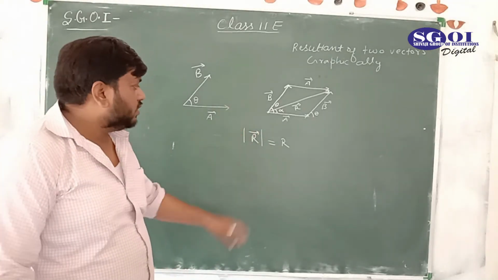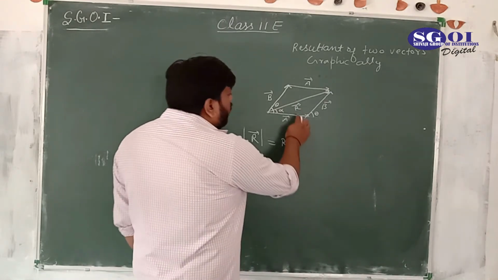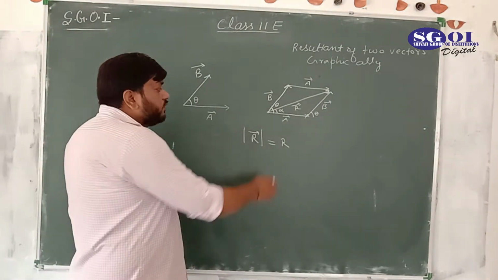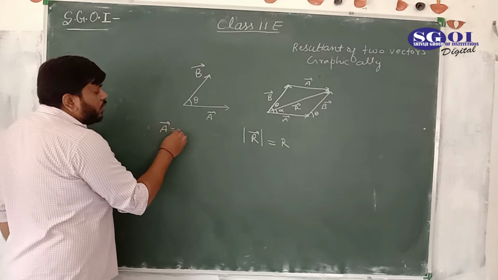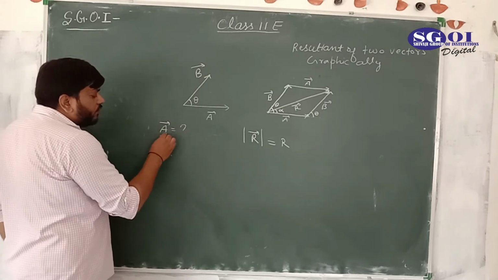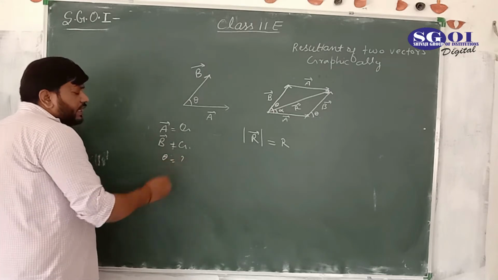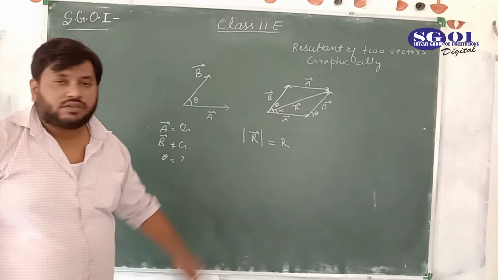Note this point, it is very important here. Now how will we find the magnitude of R? Because we have been given A and B and theta. Suppose we have the value of A, the value of B, and theta. Then how would we find the magnitude of vector R?